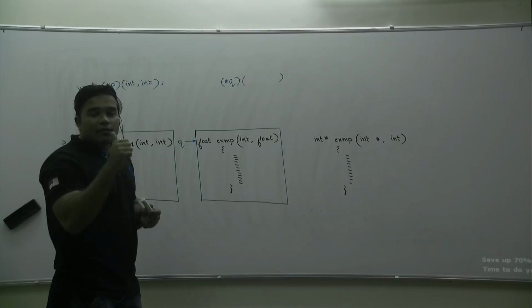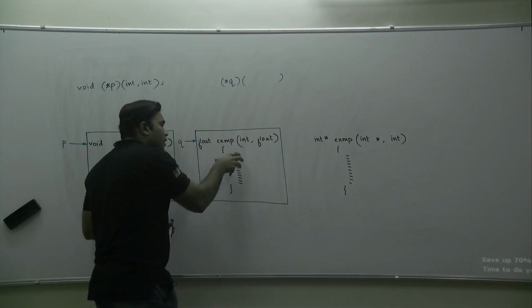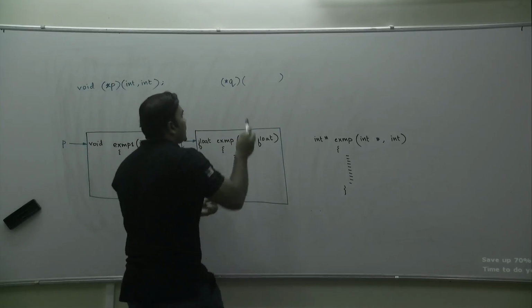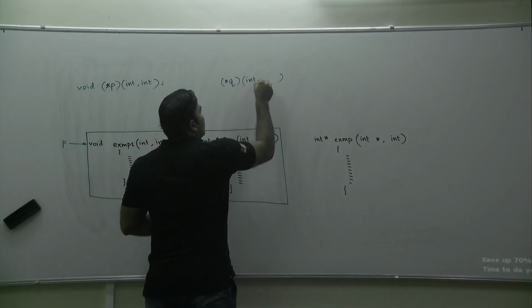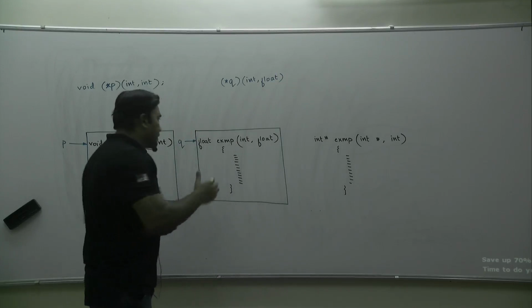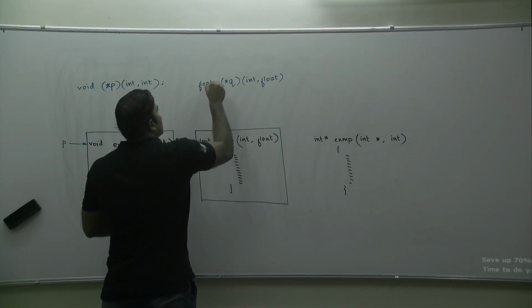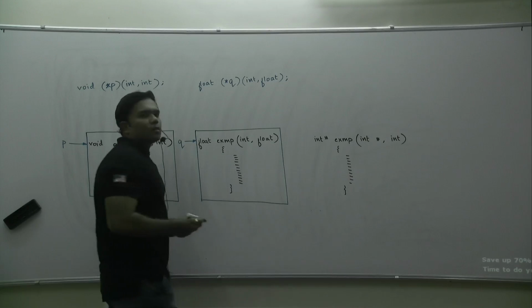And what type of function is it pointing to? It is pointing to such a function which accepts one integer and one float as the parameters, and which returns float. Like this you have to declare the pointer.